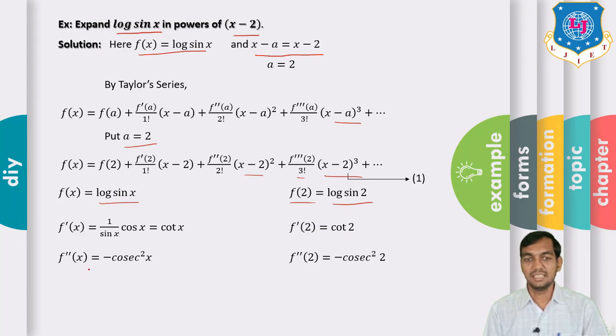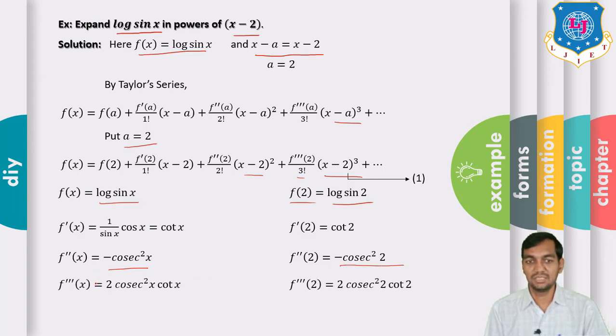Now f double dash x is going to be minus cosec square x, and f double dash 2 will be minus cosec square 2. In the same manner f triple dash x will be 2 cosec square x into cot x. Correct? Because cosec square has a 2 cosec into the derivative of cosec, which is minus cosec into cot. So minus minus will be plus. And that will be f triple dash of 2 is equal to 2 cosec square 2 into cot 2.